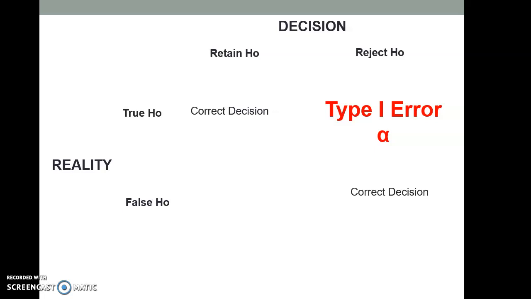That is type 1 error. Type 2 error is the idea of saying that men and women do not differ in terms of attachment anxiety, but in reality, men and women differ in terms of attachment anxiety. So that's type 2 error.